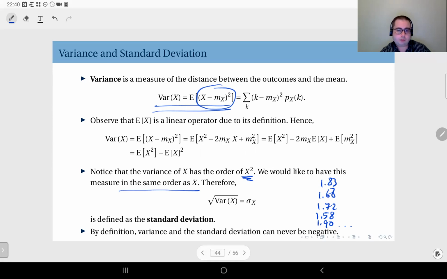Therefore, we take the square root, and what we obtain is called the standard deviation, which is again in the same order as the random quantity. By definition, neither variance nor the standard deviation can be negative. Both of them are non-negative, greater than or equal to 0, because in the definition you've got a square there.